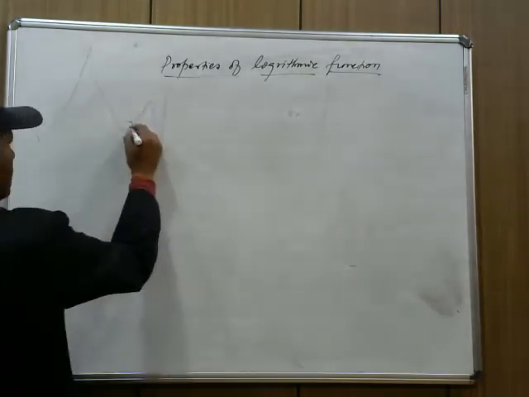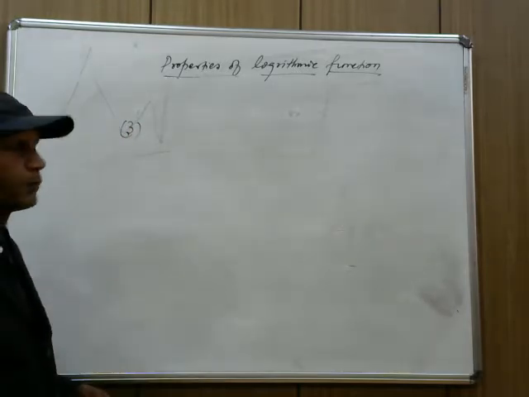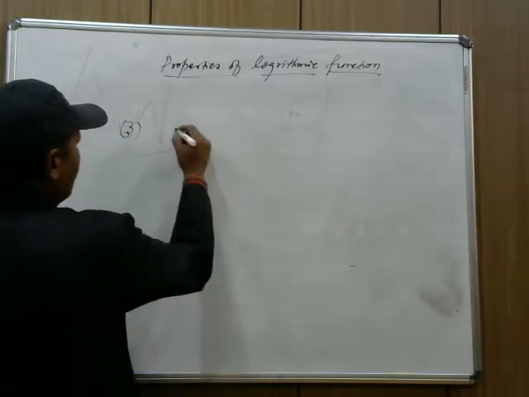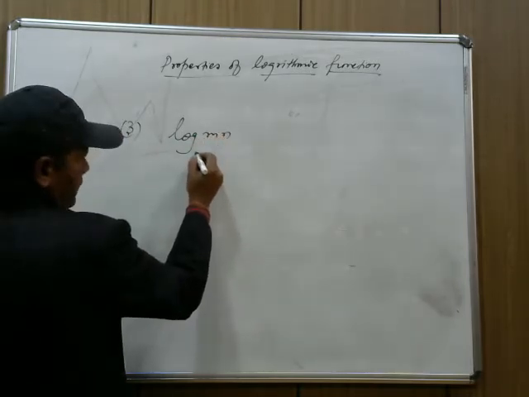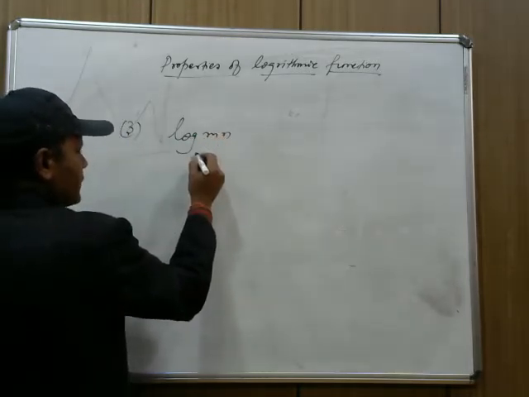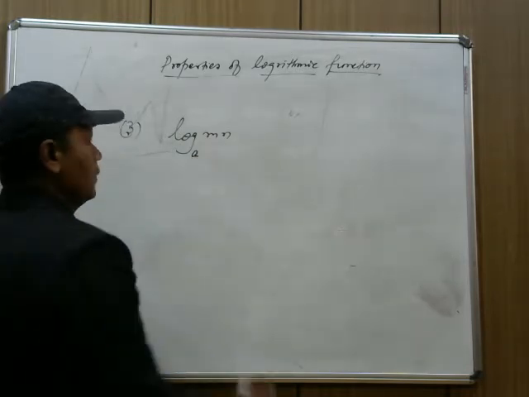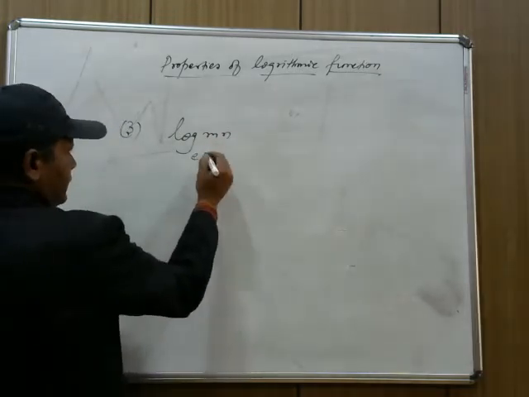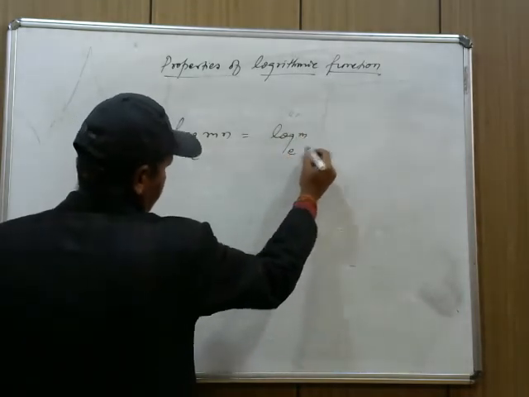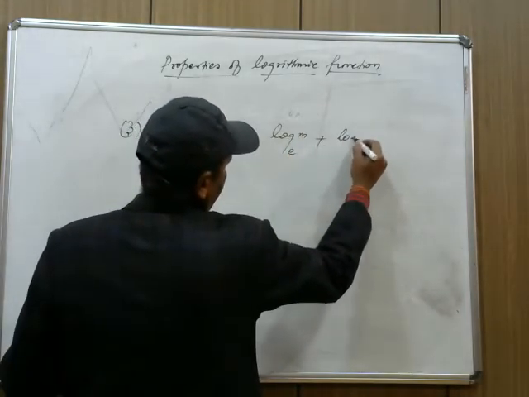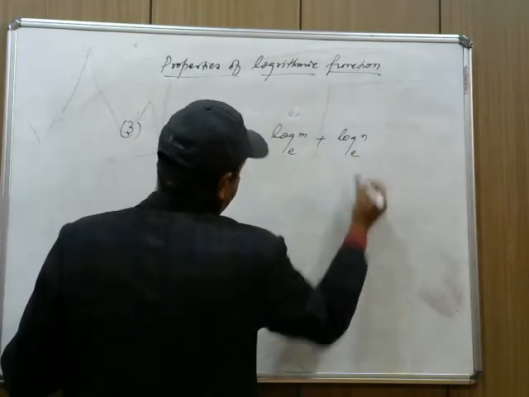Now, the third one. Now, I won't do the proof, I am just writing the properties. Log of m into n. Base I am taking, suppose I am taking e. This is equal to log of m to the base e plus log of n to the base e.